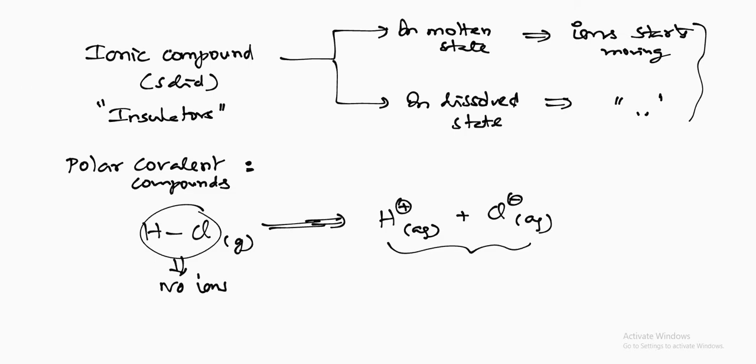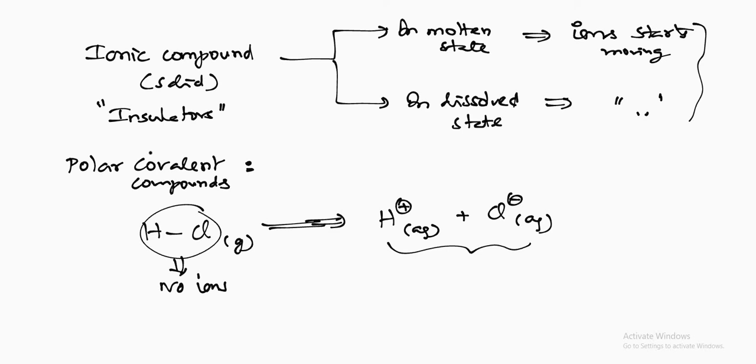Electrolyte can be an ionic compound. Electrolyte can also be covalent compound. The main point is they should produce ions, that's all. Ionic compounds, they have already ions in the solid state. But in the solid state, the ions are tightly packed together, so they cannot move.